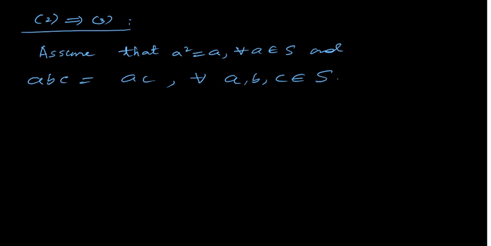So second implies third means we assume that every element of S is an idempotent. So that's A square equal to A for all A in S, and it satisfies this identity also.